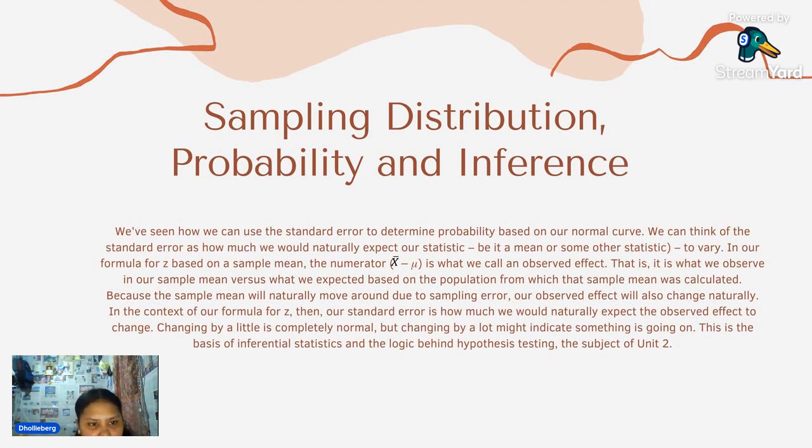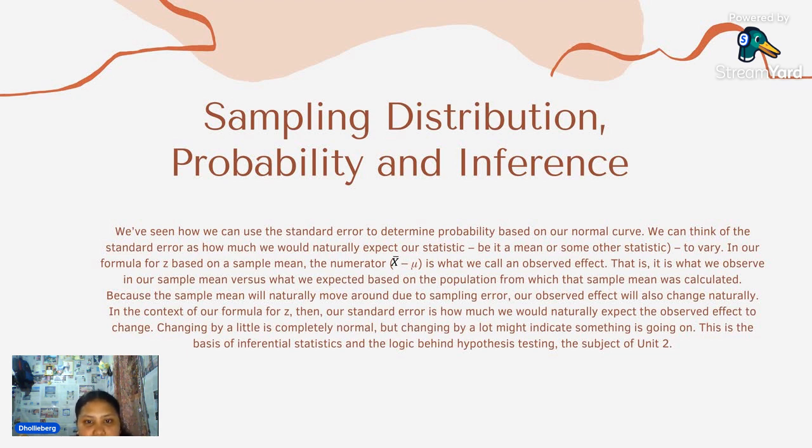Probability and inferences. We've seen how we can use the standard error to determine the probability based on our normal curve. We can think of the standard error as how much we would naturally expect our statistic, be it a mean or some other statistic, to vary. In our formula for z based on a sample mean, the numerator, the sample mean minus the population mean, is what we call an observed effect.